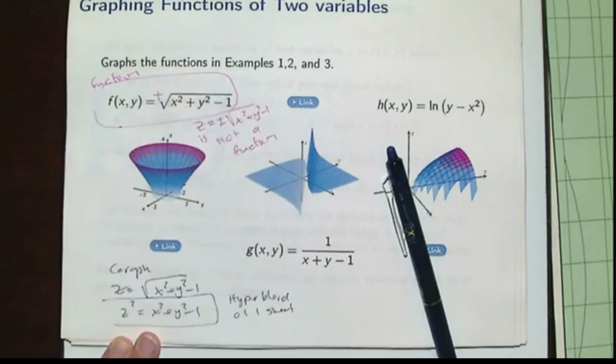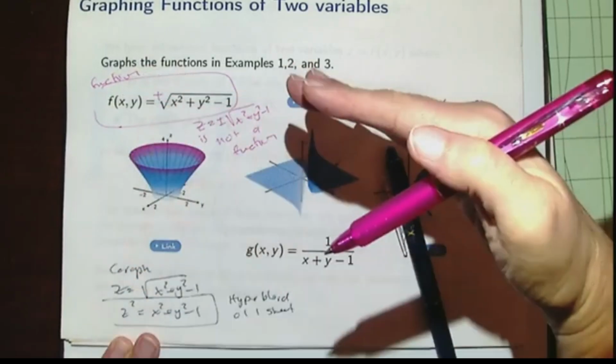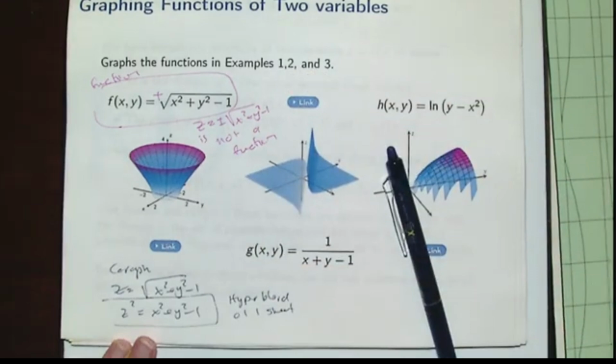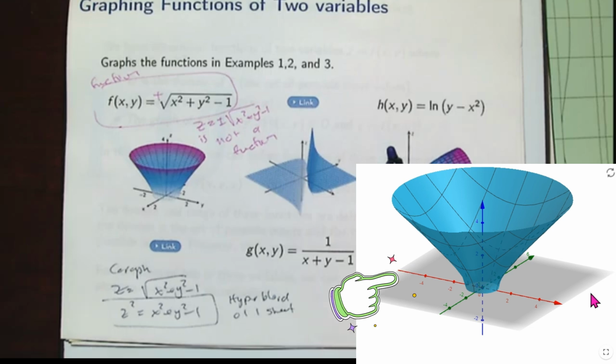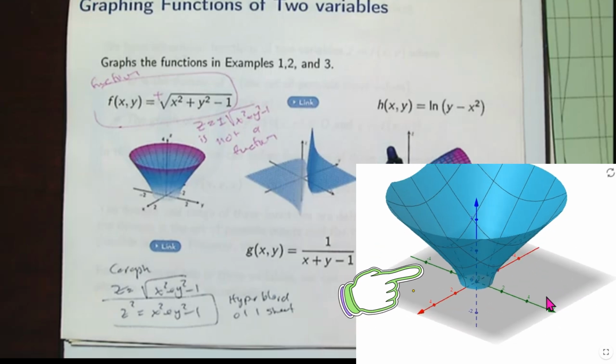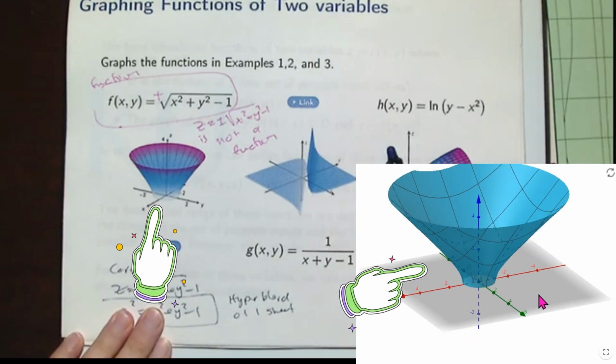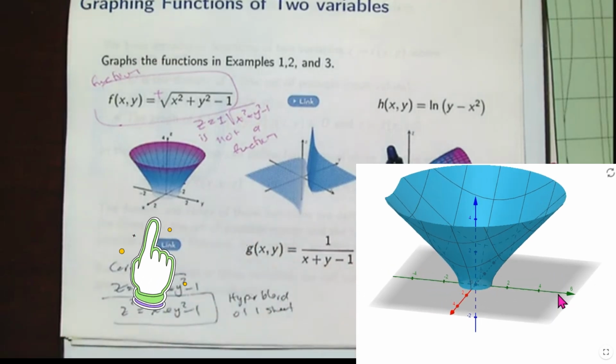This is only plus. And it's just the upper half of it. The lower waist is not, the upper waist is. It looks like a waist, right?